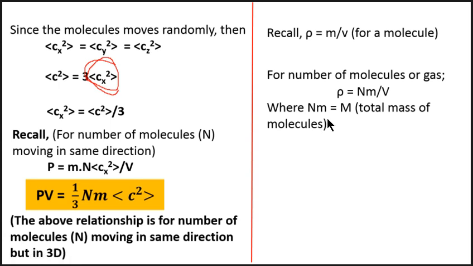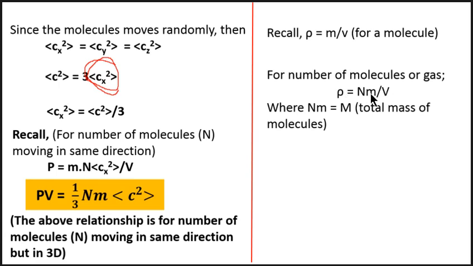So with what I have here, if I go on and make Nm the subject of the formula, I will be having rho V.